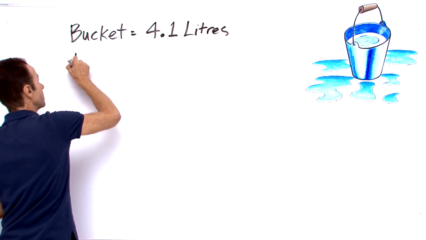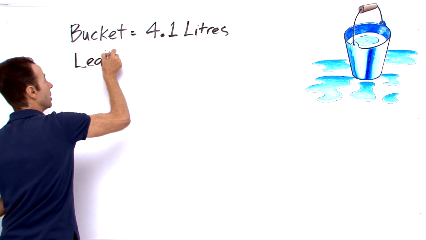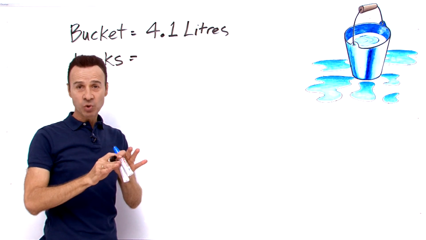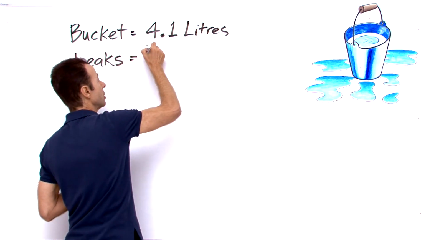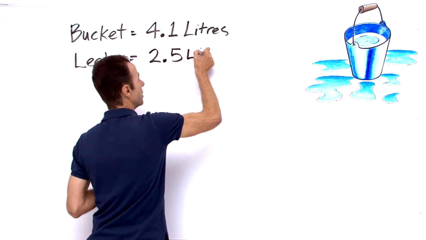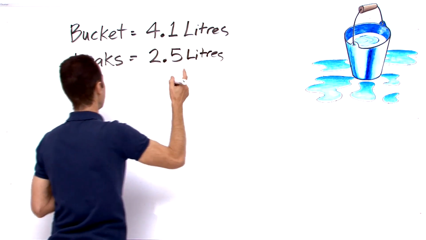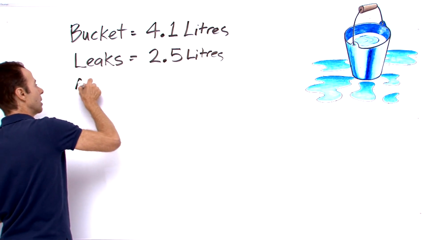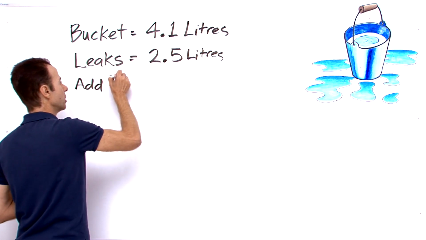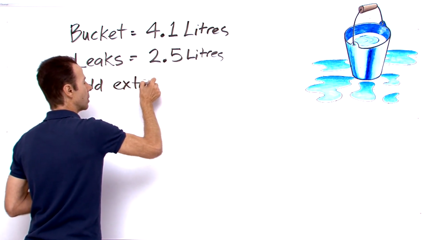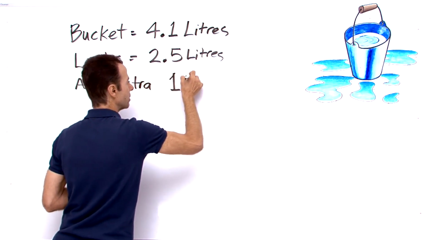Then it leaks. It leaks and it loses, this is how much water is gone, 2.5 litres. And then we add more water to it. So I pour in an extra 1 litre.